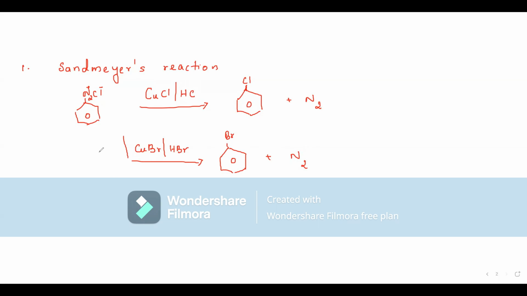Now, if treated with cuprous cyanide in presence of KCN, potassium cyanide, then the result will be cyanobenzene and nitrogen. So these three reactions are examples for Sandmeyer's reaction.